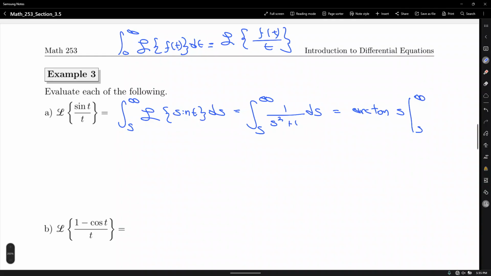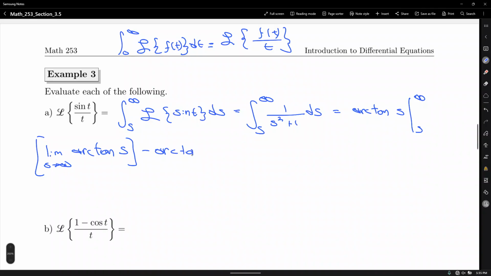For the upper limit at infinity, I need to set up a limit as s approaches infinity of arctan of s minus arctan of s. I'm going to put brackets because this limit symbol is only accountable for the first arctangent of s.